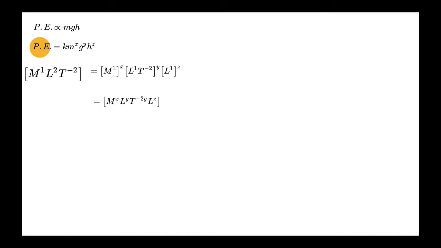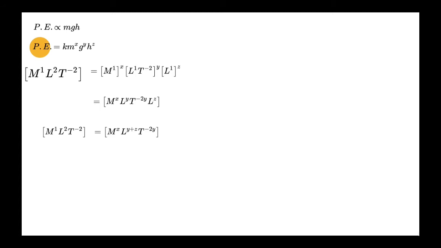So the left hand side is M1 L2 T minus 2, the dimensions of potential energy, and that is equal to, combining all this, we get M raised to x, L raised to y plus z, and T raised to minus 2y.